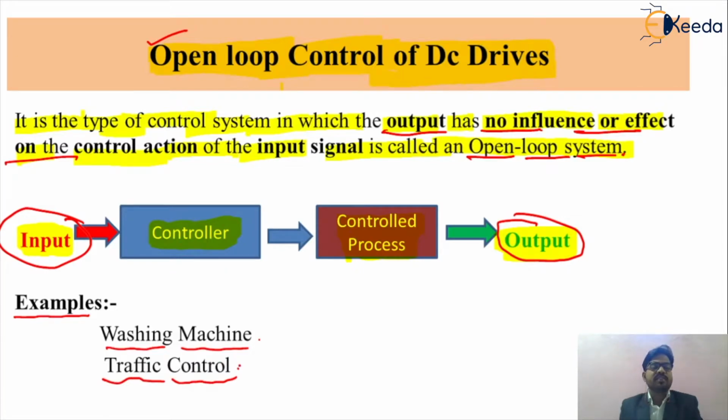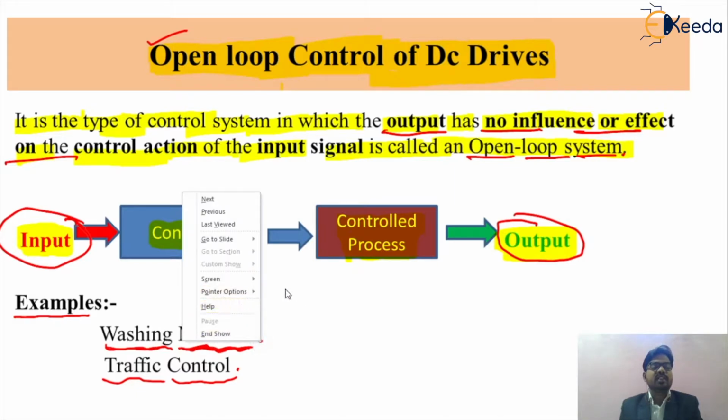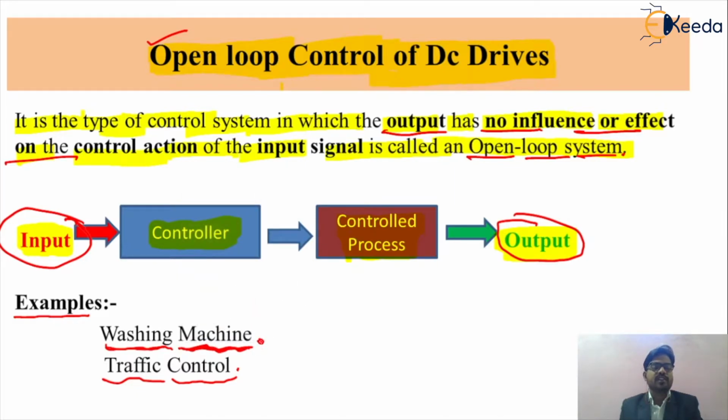In both the washing machine and the traffic control system, the output has no influence on the control signal of your input, because in a washing machine we just set the speed or the temperature, then start the button, and after reaching that value of temperature and speed, the washing machine will automatically stop. Or we can stop the machine ourselves.